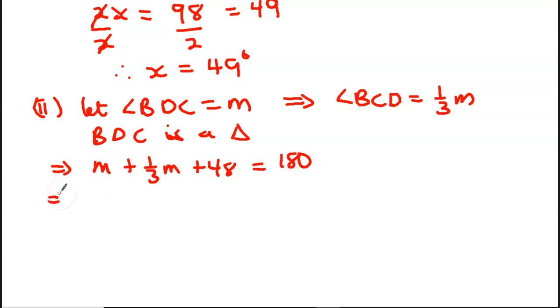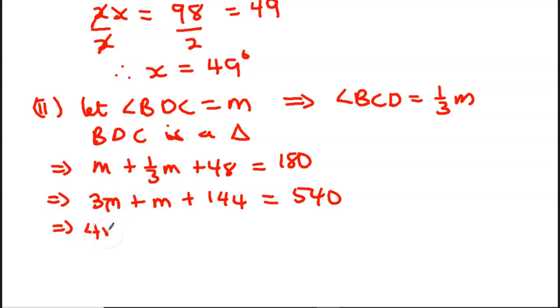So which means that when you multiply through by the LCM, you have 3M plus 144. That's 3 times 48, is equal to 540. So we have 4M is equal to 540 minus 144.